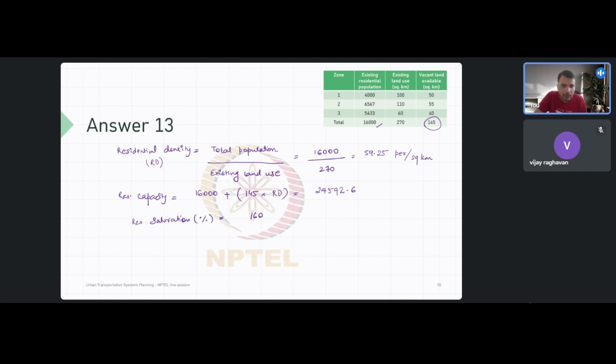How many people are living presently? 16,000. I will write the formula here: total population into 100 by the capacity. So 16,000 into 100 by, let's take it as 24593.